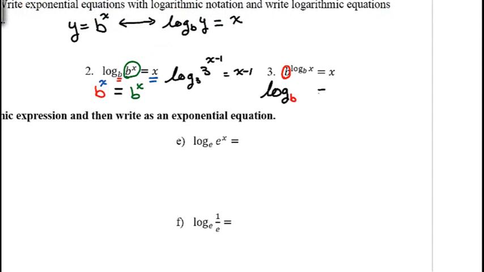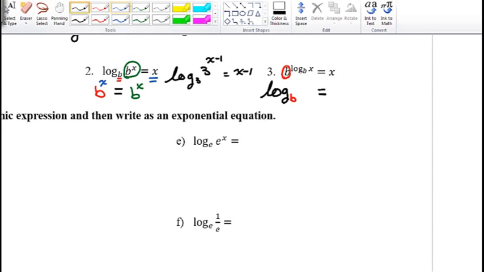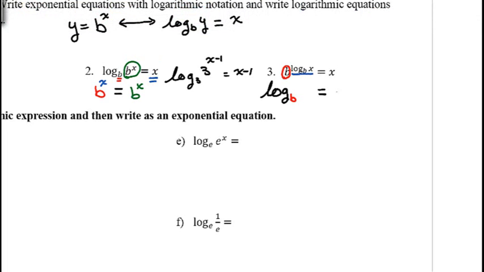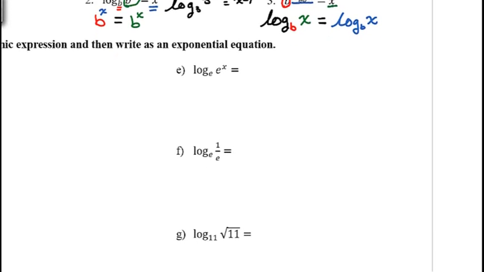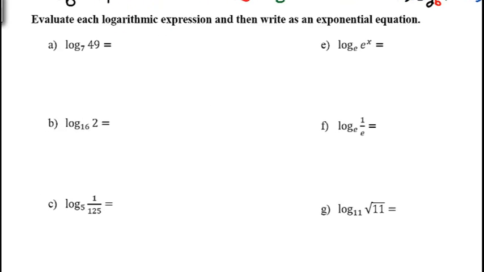And logs are equal to the exponent, and the exponent here is log base b of x. And we're always taking the log of whatever this thing is equal to, the x. When you rewrite this in log form, you get a true statement: two logs that are equal to each other.